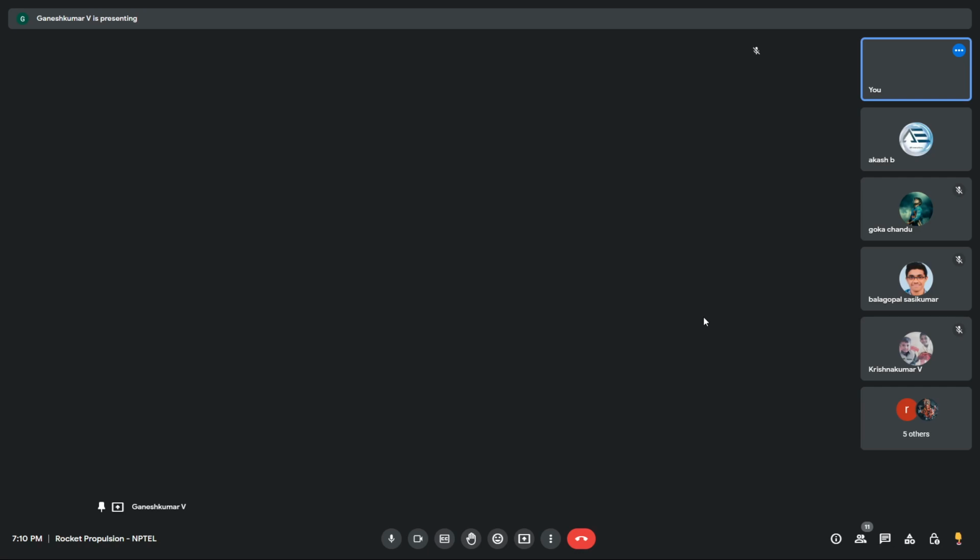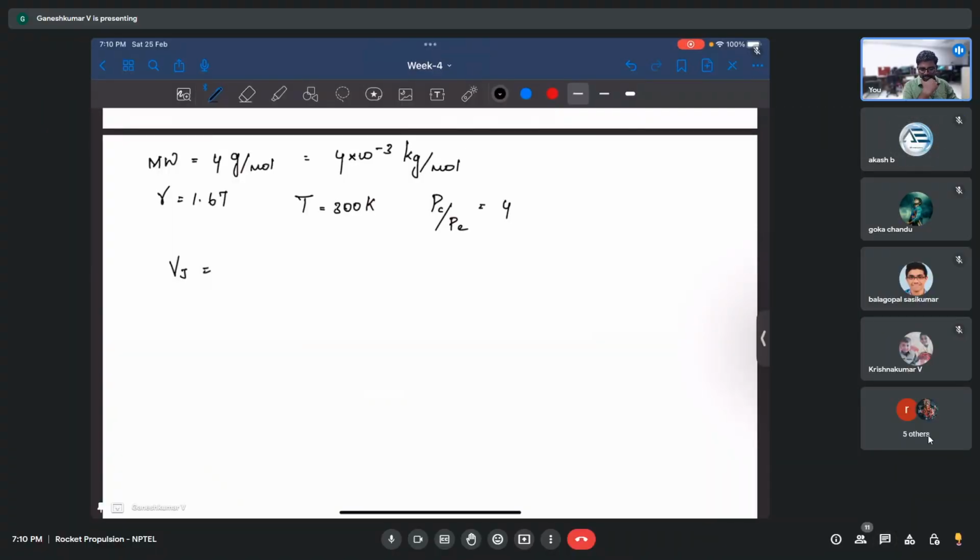Yes, sir. Temperature of helium gas is 300 Kelvin, and the pressure ratio on expansion is 4, so Pc by Pe. We need to find the jet velocity, right? What is the relation for the jet velocity?